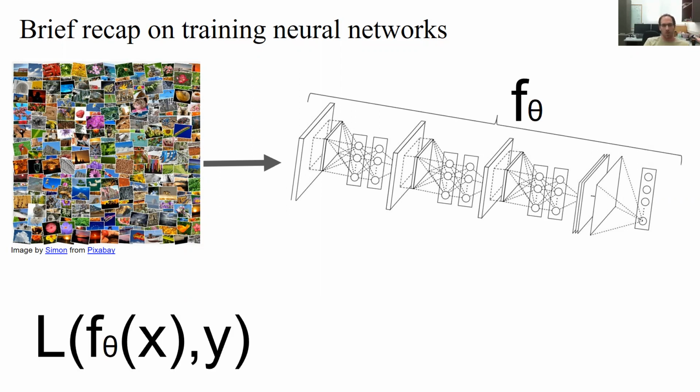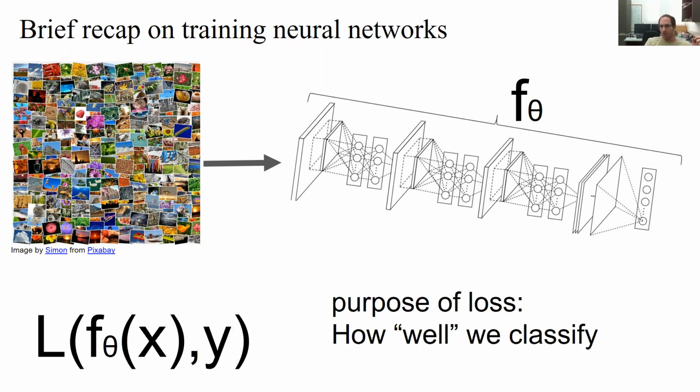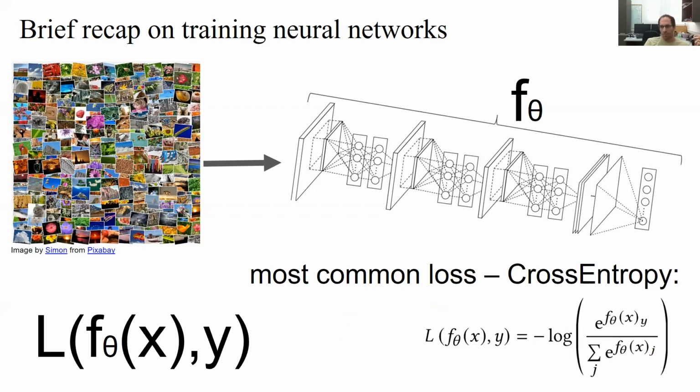We use the loss function, which gets the outputs of the classifier and the true labels. The purpose of this loss function is to tell us how well we classify images. For example, the most common loss for classification is the cross entropy, which I'm sure all of you have seen, which is a function of the outputs of the classifier and the true labels.